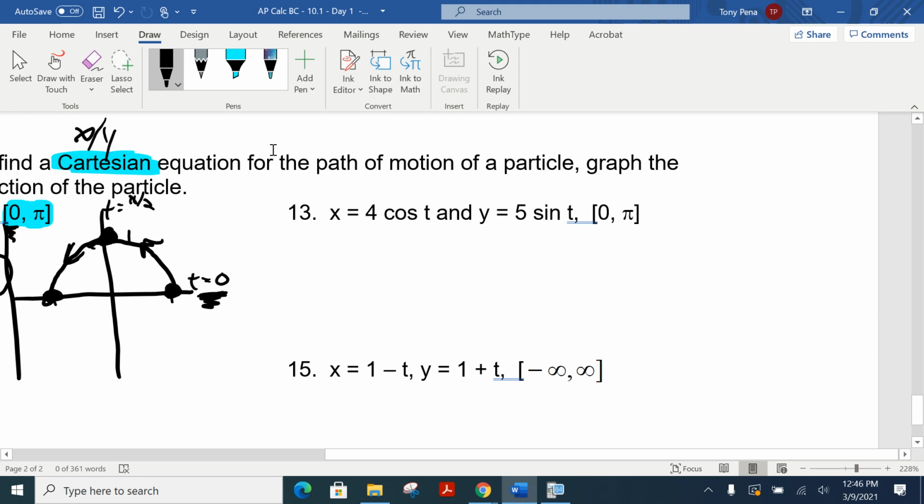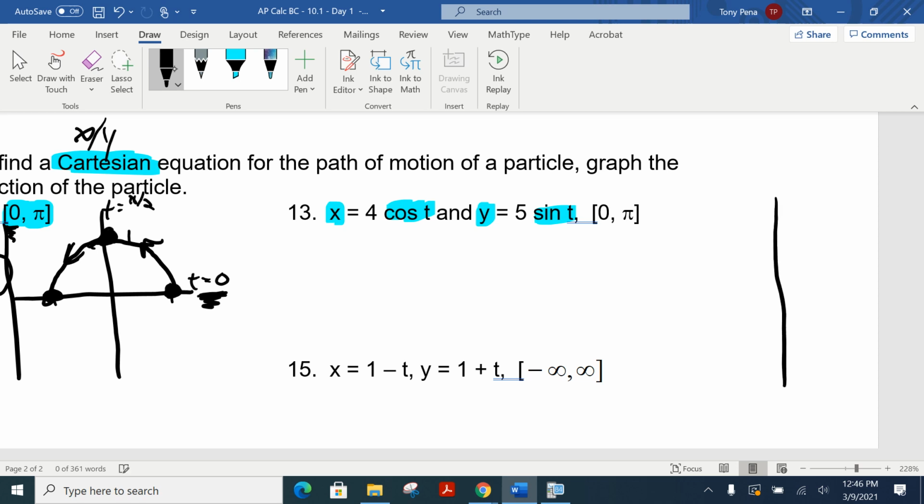All right, so 13. Once again, the x is paired with cosine, the y is paired with sine. So we could probably sketch this without our chart. We would know that we go right 4, left 4. Our y's are going to be 5, -5, go a little further for the -5.